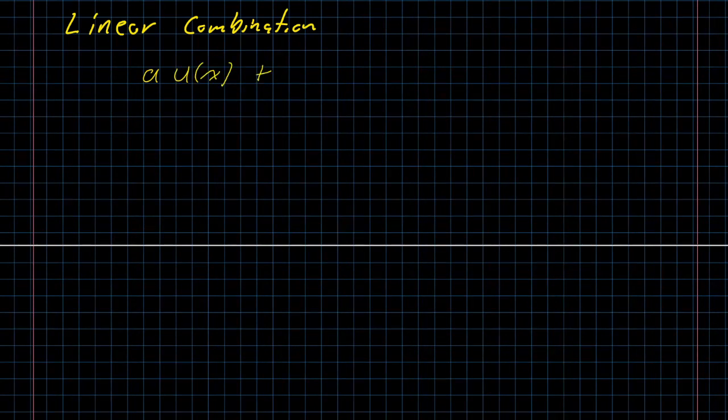Related to that earlier example, just adding and subtracting is of value, but it's a little bit too limiting. And so we have this idea called a linear combination. A linear combination is any constant a times a function u of x plus, or it could be minus, but we'll just bake that into the next constant I'm about to write, b times v of x.